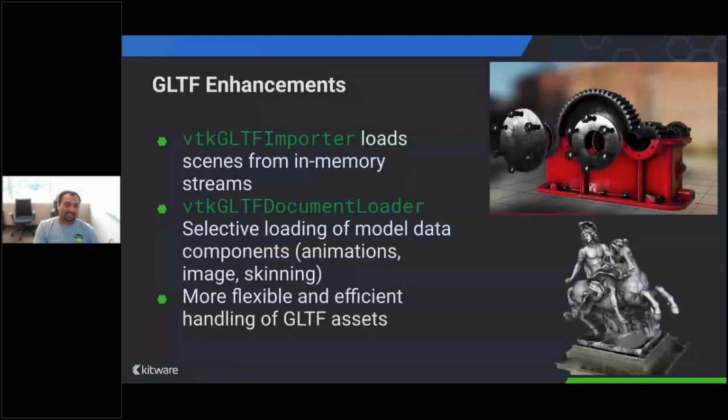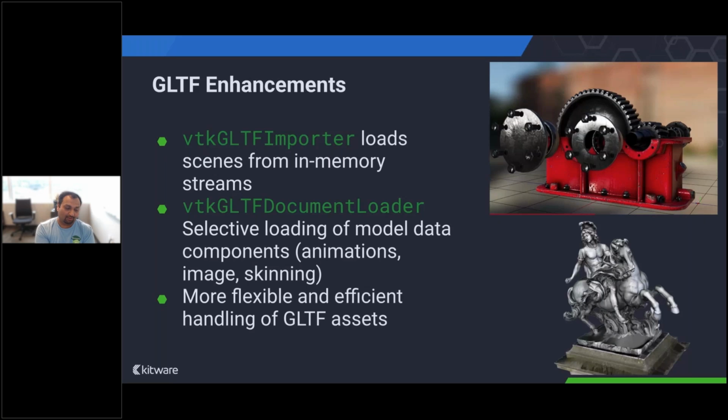So as I mentioned, VTK has seen importers and exporters. GLTF is Khronos's GL transmission format, which lets you import a scene or export a scene for other graphics libraries. That GLTF importer saw significant improvements specifically. So say you have a scene already loaded up in memory, you no longer need to write it out to be able to load it into VTK.